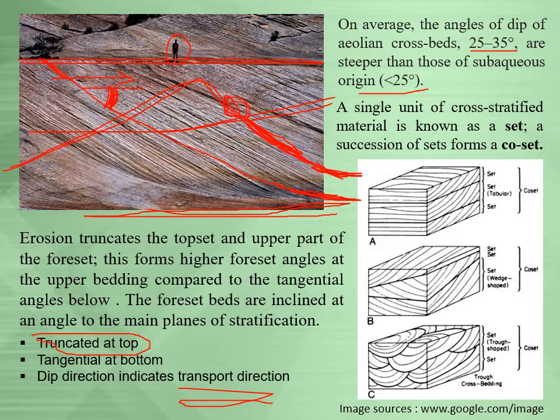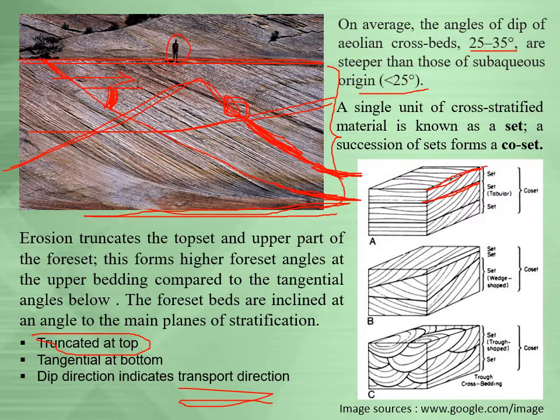Now an individual layer, this entire layer which bears the cross laminae, is called a set. In this picture you can see that the top layer bears cross beds which are bounded by two bounding surfaces, that is two bedding planes.